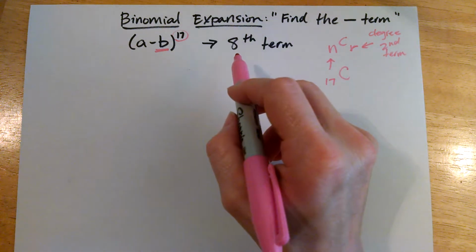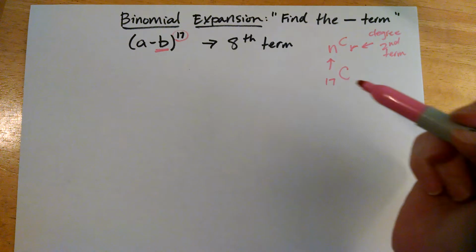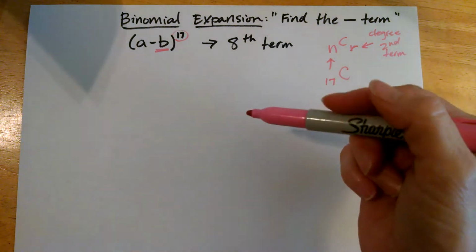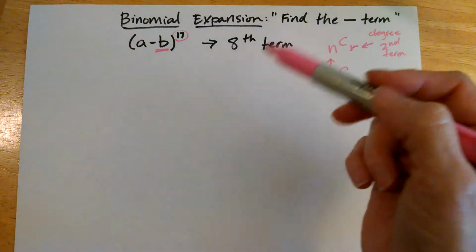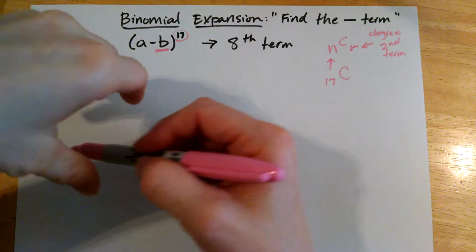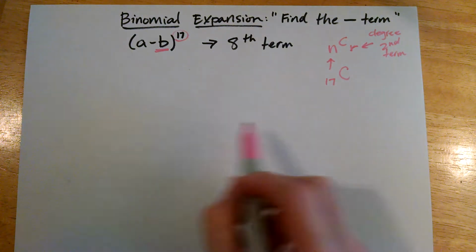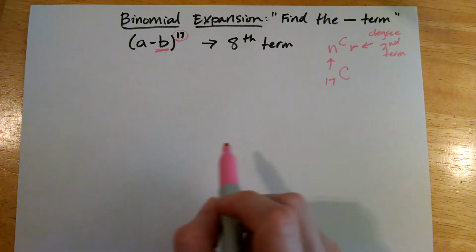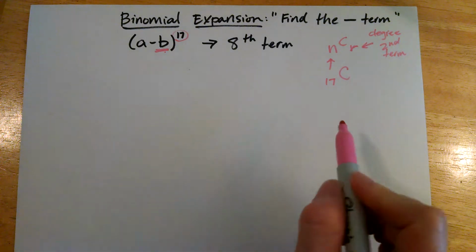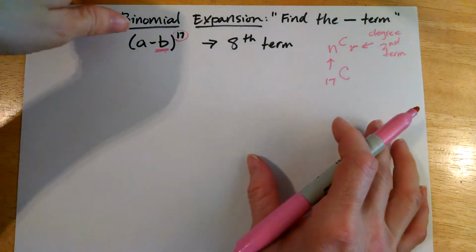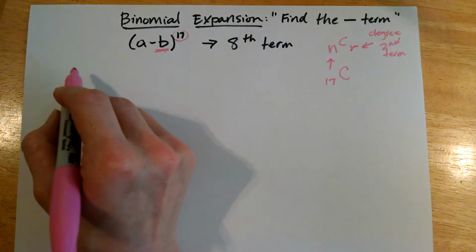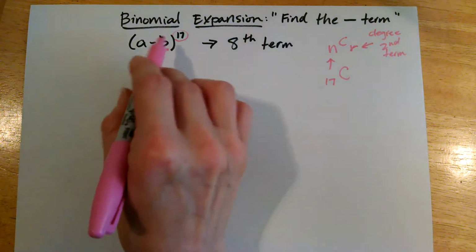Okay, so if you watched the video or you were paying attention in class on the binomial expansion, when we expand this entire binomial sequence, the second term doesn't show up until the second term listed out. So if we were to write this out, it would be a to the 17th and no b term.